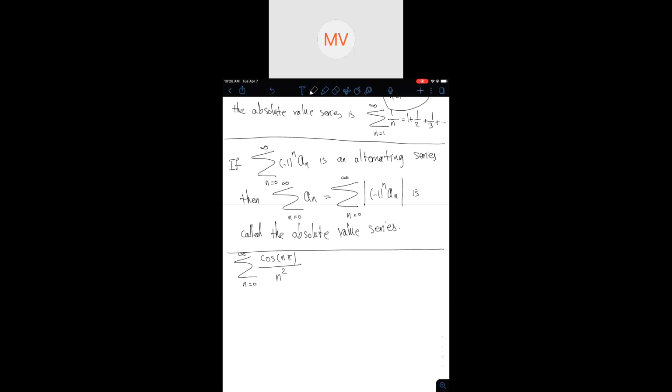What makes it alternating? Yeah, the cosine part. It's n pi, right? So it's 1 minus 1, 1 minus 1.